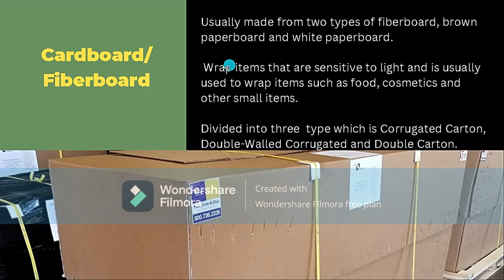It's usually used to wrap items that are sensitive to light, such as food, cosmetics, and other small items. This cardboard and fiberboard type of packaging is divided into 3 types, which are corrugated cardboard, double wall corrugated, and double carton.